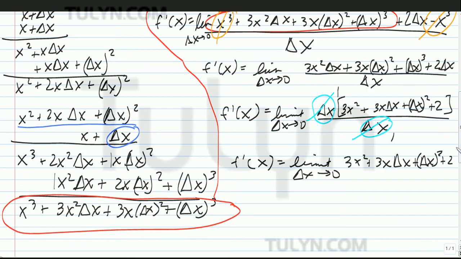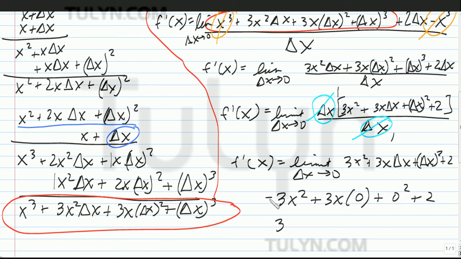So what you're going to do now is just plug in 0 for delta x, right? And you're going to have 3 times x squared plus 3x delta x, which is 0, plus delta x squared, which is 0 squared, plus 2.